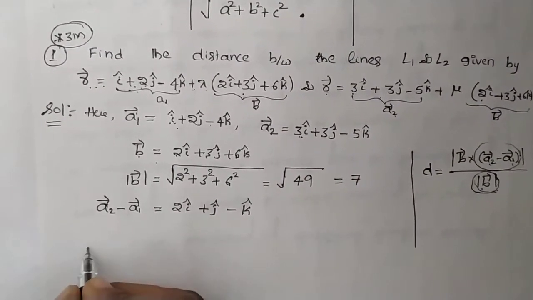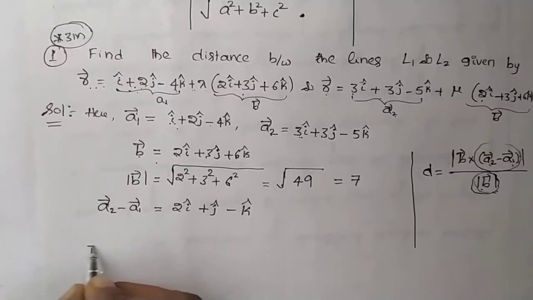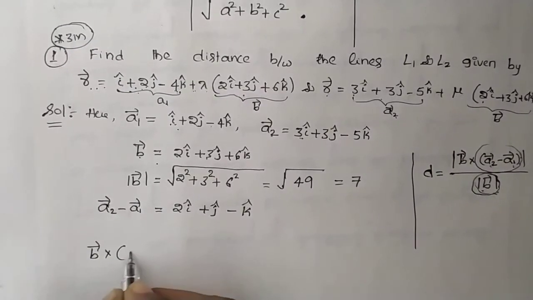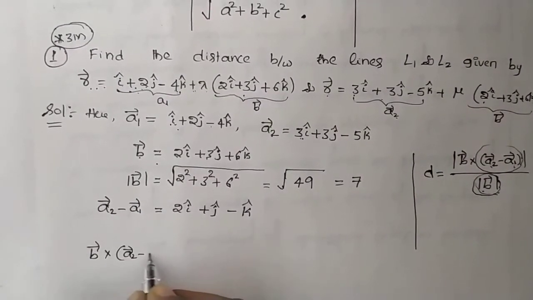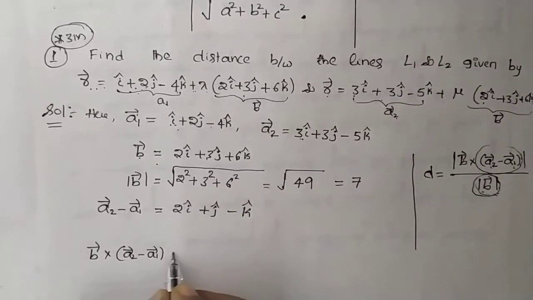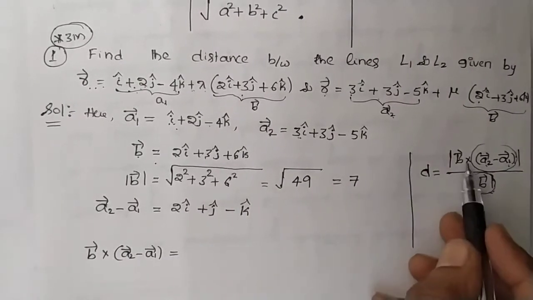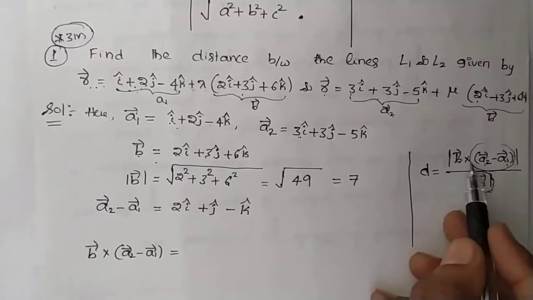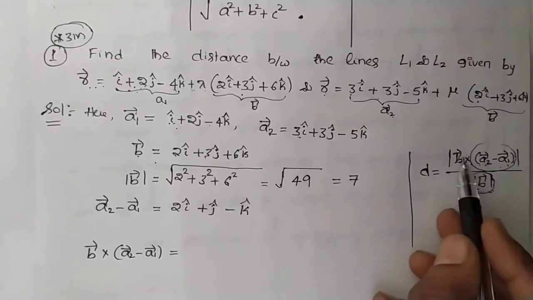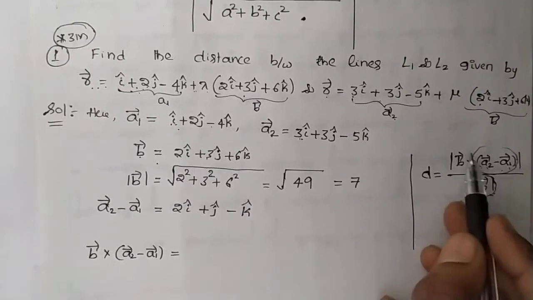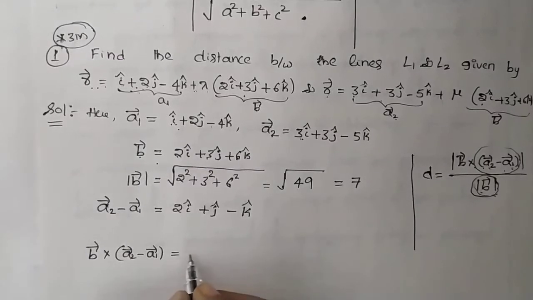How to find the cross product? We have to use the determinant concept. First of all find b vector cross a2 minus a1, and after that we find its magnitude.